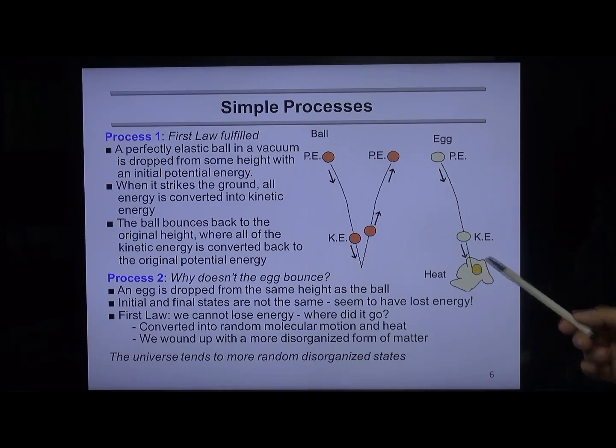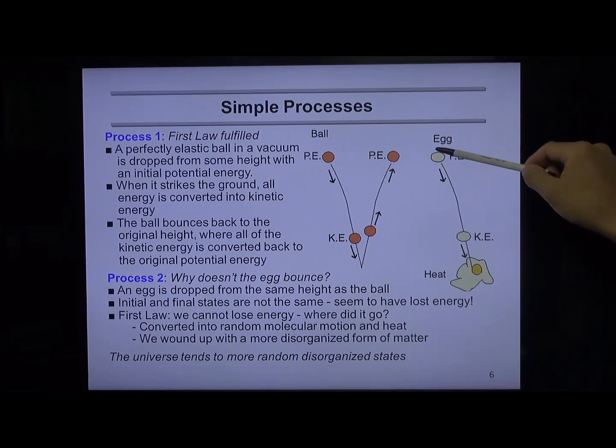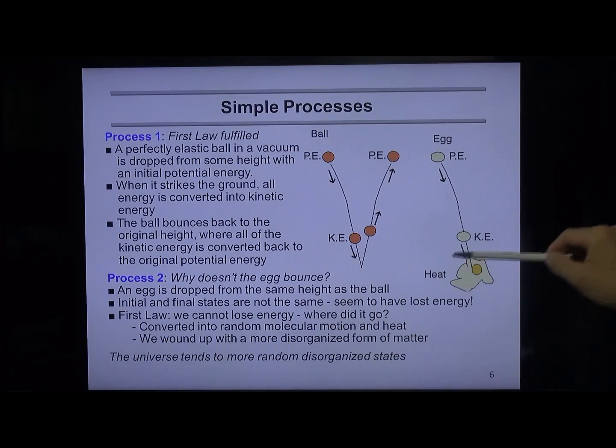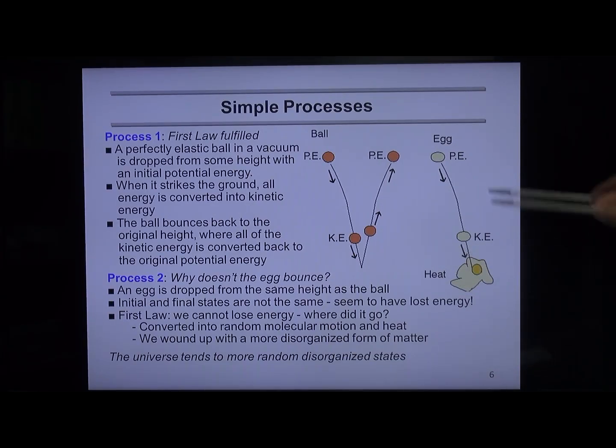Energy has gone to some other kind of energy. It is converted, mostly as heat on the ground, to the molecules comprising the ground, right? Also to the egg, right? The form of energy has been converted into heat. And this potential energy is, if you recall the formal definition of work and heat, remember from chapter 2 that work is a form of energy associated with organized motion of molecules, right?